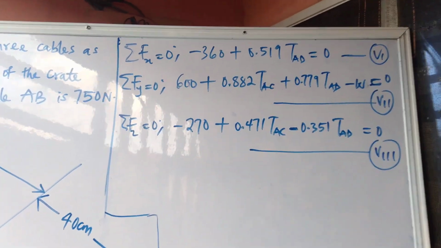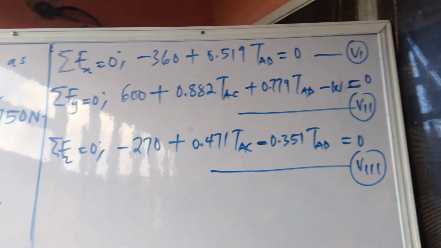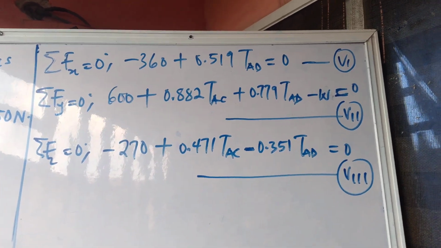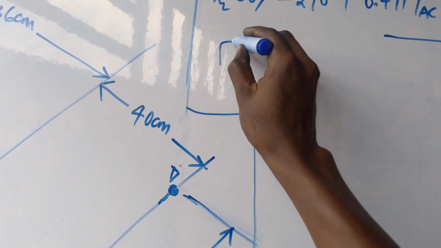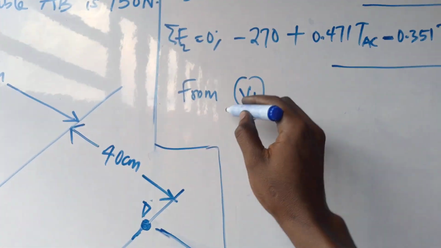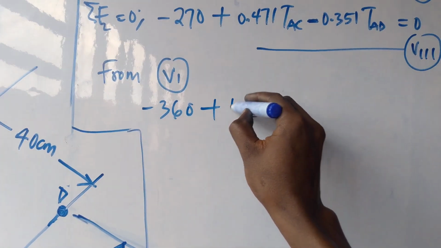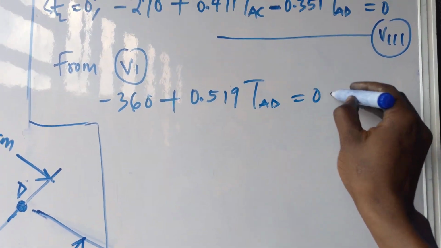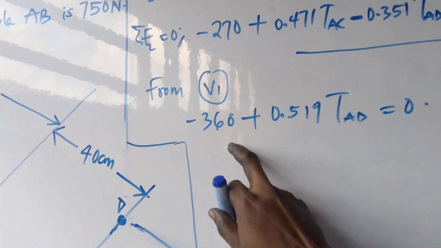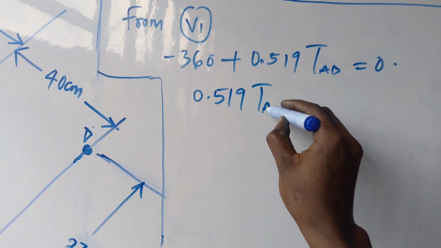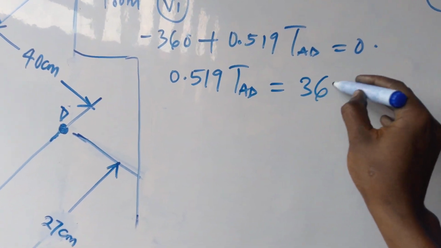So I'll start from equation 6 and see what I'll be getting there. I'm having minus 360 plus 0.519 TAD equals 0. If I take this minus 360 over, I'll have 0.519 TAD equals 360.